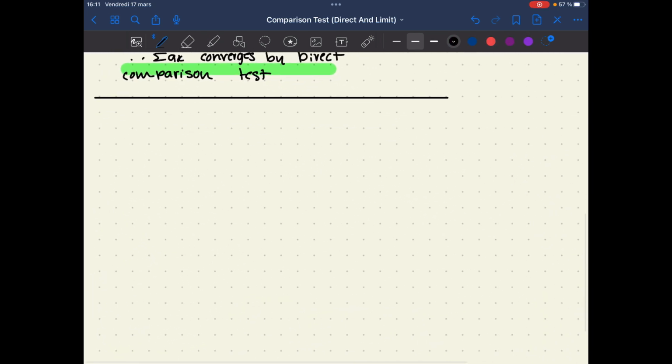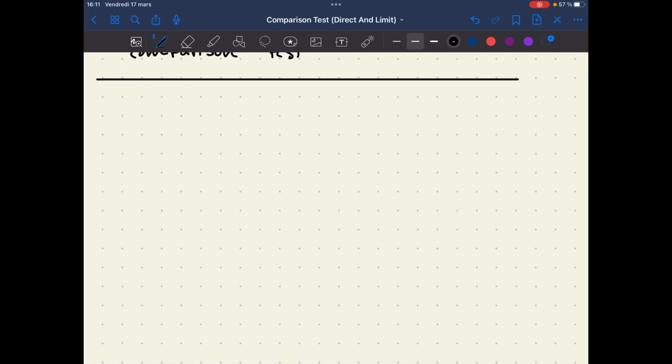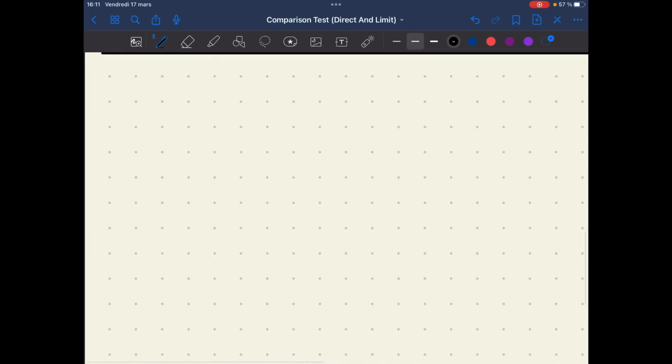Now there's another version of the comparison test, and it's called the limit test. Now here I'm going to have to write down the definition for this one. So we can call three different cases basically.